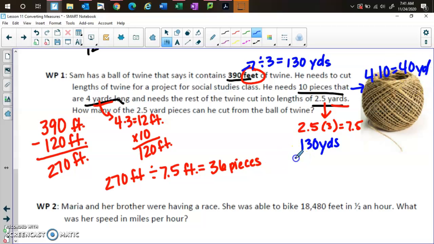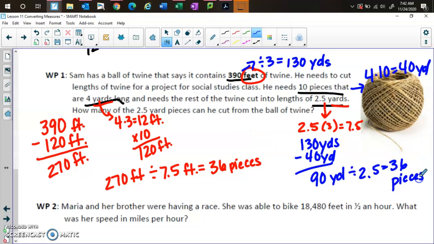So I'm using up 40 yards with the first cut. And when I do that, I'm left with 90 yards left. Then these are going to be cut into 2.5. So if I divide by 2.5, I end up getting the same exact answer of 36 pieces. So either way would be totally acceptable here.